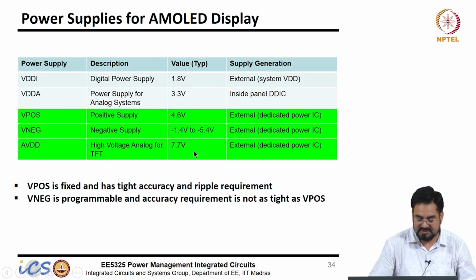And then 7.7 volts. So these three supplies, just like in LCD, are mostly external, and these two, 1.8 and 3.3, are part of your DDIC. This could be part of your PMIC, or it may be a dedicated power IC for this.